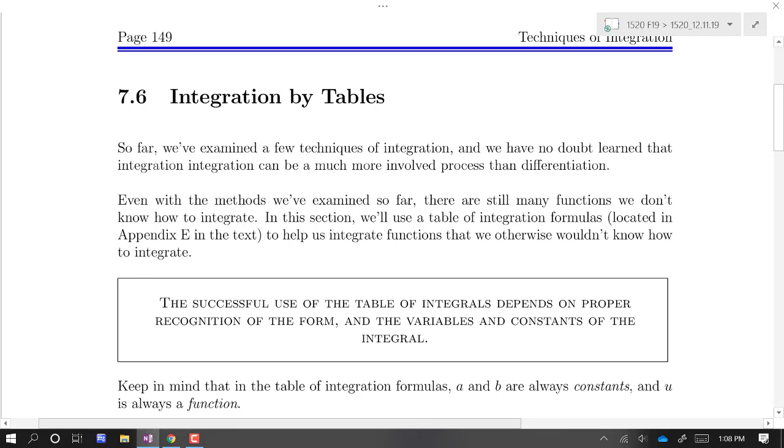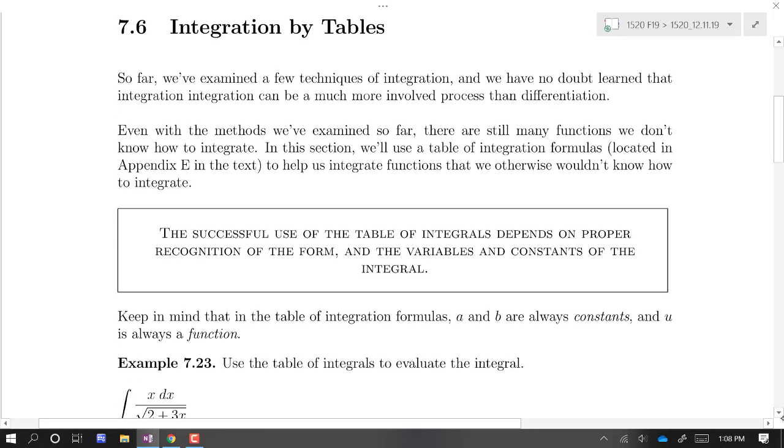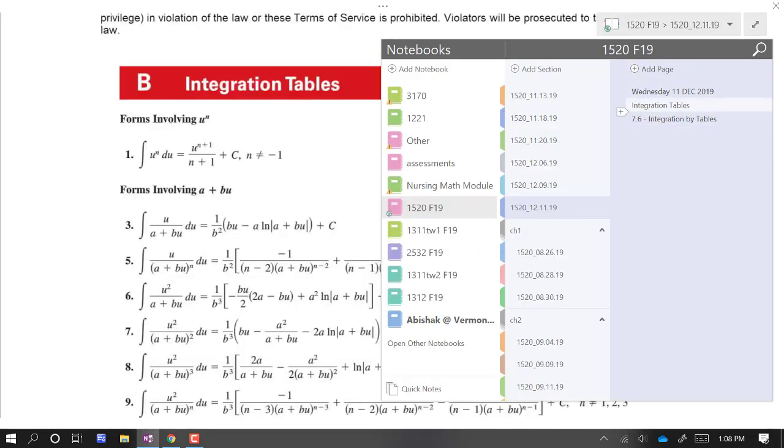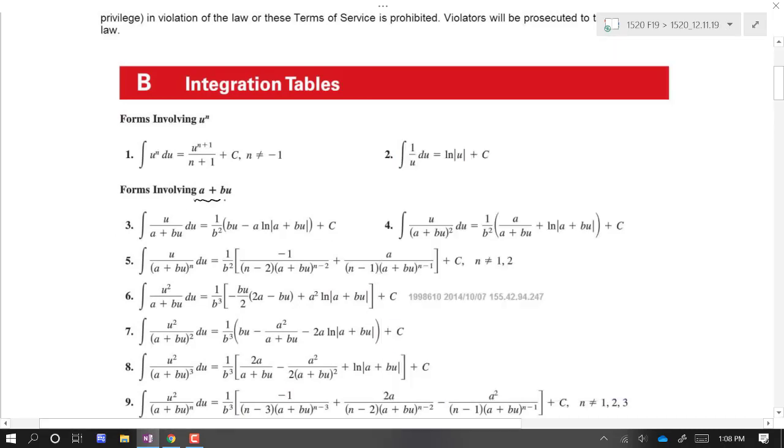So being able to use the tables relies on us being able to make the right substitutions, recognizing the right form. And it's just a list of like 100 integral formulas. Sometimes it can feel like you're finding a needle in a haystack. But they are organized by general type. So, for example, we start out with forms involving a plus bu. In these formulas, u is always the function, so that's where your x's live, some expression with x's. A and b are always constants.